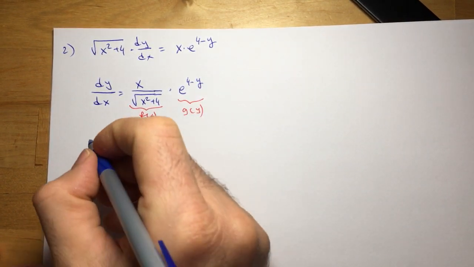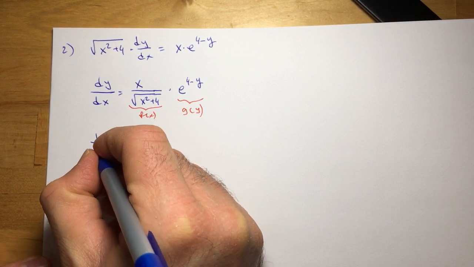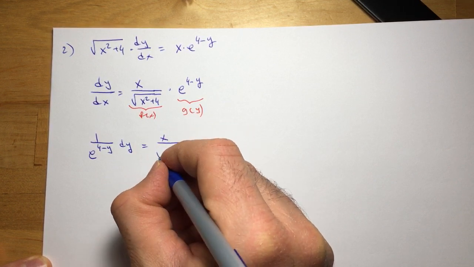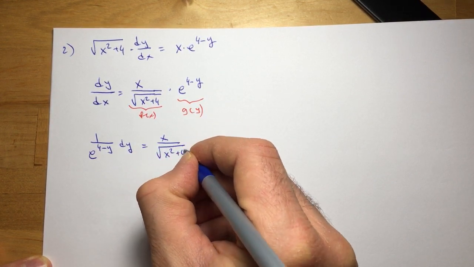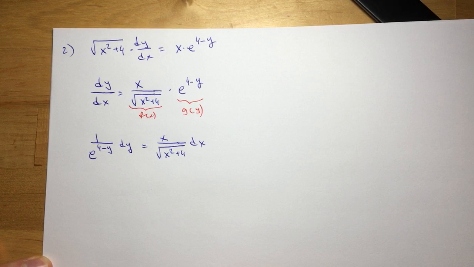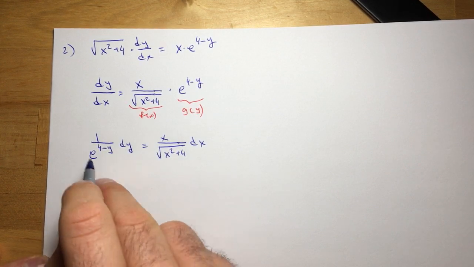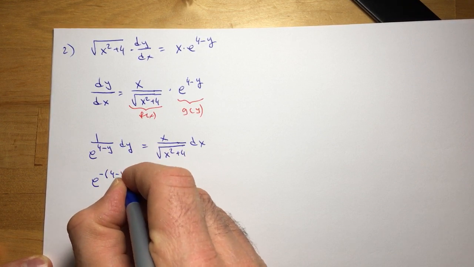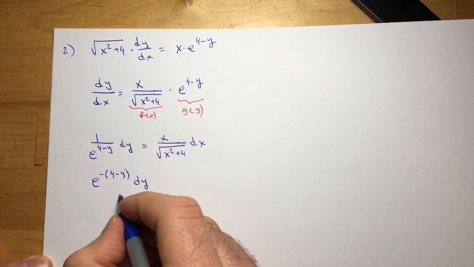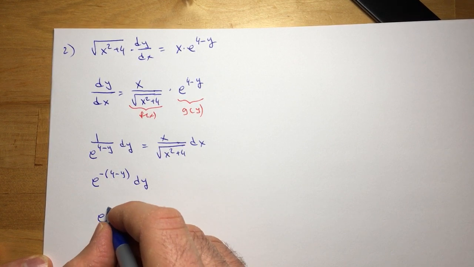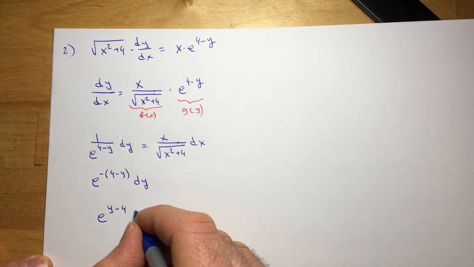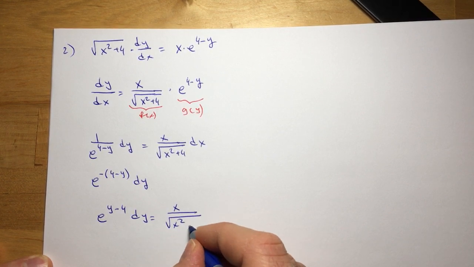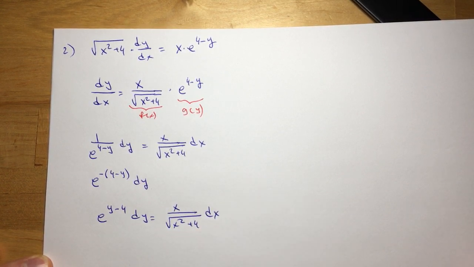That means that 1 over e to the power 4 minus y dy is equal to x over square root of x squared plus 4 dx. This is nothing else but e to the power negative 4 minus y dy, or the same thing can be written as e to the power y minus 4 dy is equal to x over square root of x squared plus 4 dx.